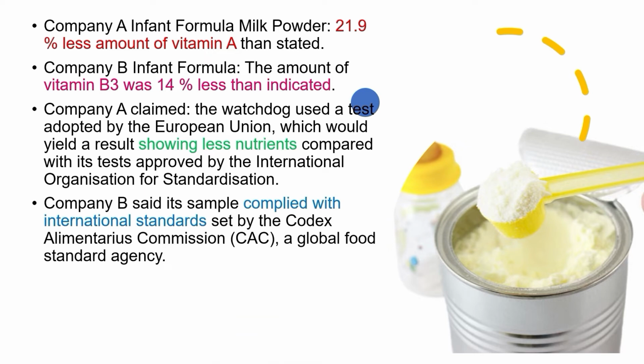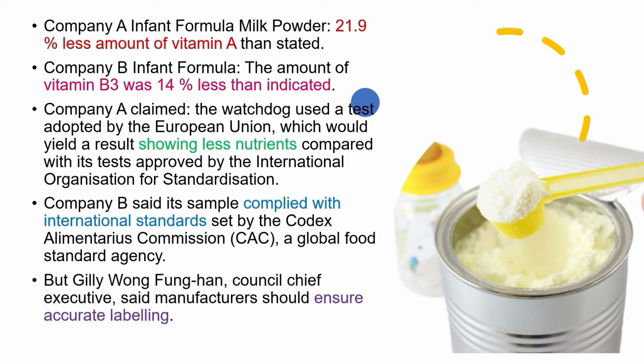Company B said the sample complied with international standards set by the Codex Alimentarius Commission, a global food standard agency, but they never explained why the vitamin B3 was 14% less than the indicated amount. So the Council Chief Executive, Gilly Wong Fong Han, told the manufacturers they should ensure accurate labeling, and this is the most important.